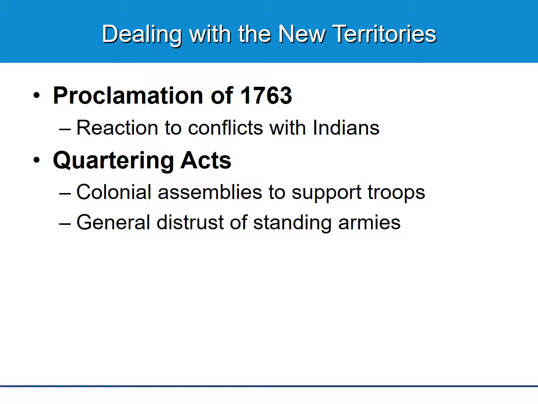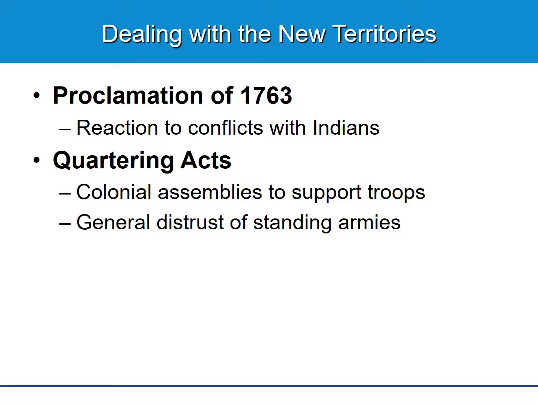It was a reaction really to conflicts with the Indians, and it was an attempt to keep Indian wars down. The colonists, though, saw that as a way of restricting their economic growth. They were very unhappy with it. They saw it as a way of the British trying to control them too much, and they're going to be very resentful about the Proclamation of 1763.